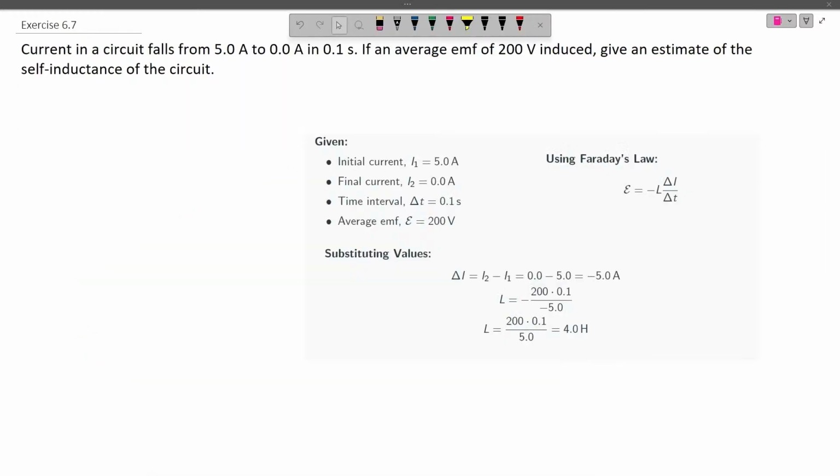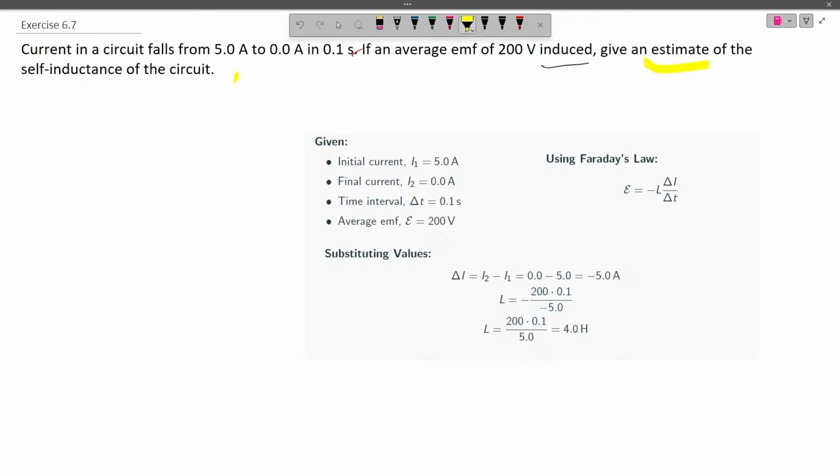The question says that current in a circuit falls from 5 ampere to 0 ampere in 0.1 seconds. If the average EMF of 200 volt is induced, give an estimate of the self-inductance of the circuit. Now we know that self-inductance is a property of the circuit where the change in current in a circuit induces an EMF in the same circuit.